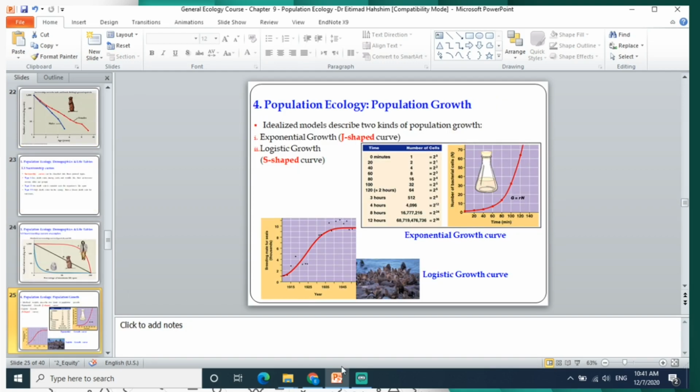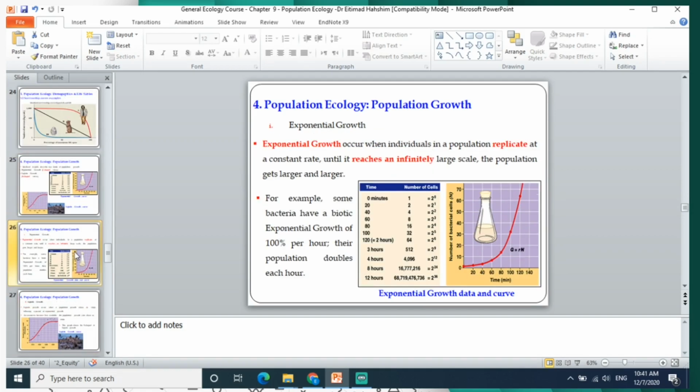The idealized model describes 2 kinds of population growth. The population growth can have a J-shaped curve, and we call it exponential growth, or it can have an S-shape, and we call it a logistic growth curve. Let us have a look at all of them. An exponential growth curve occurs when individuals in a population replicate at a constant rate until it reaches infinity.